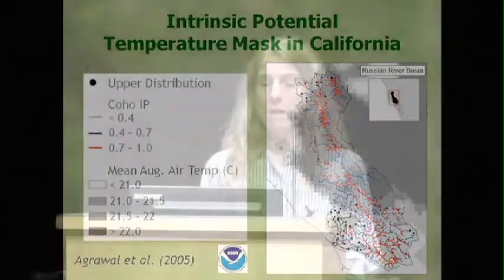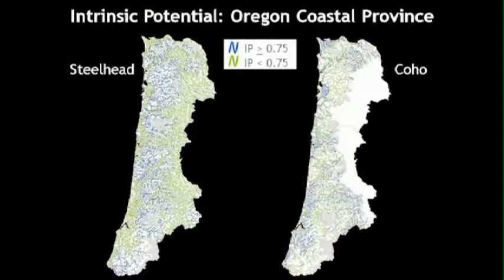So we could take that mean August air temperature as a mask and use it as a binary switch to turn off the intrinsic potential wherever that threshold was exceeded. So although temperature wasn't incorporated into the model itself, that consideration was brought into the modeling.